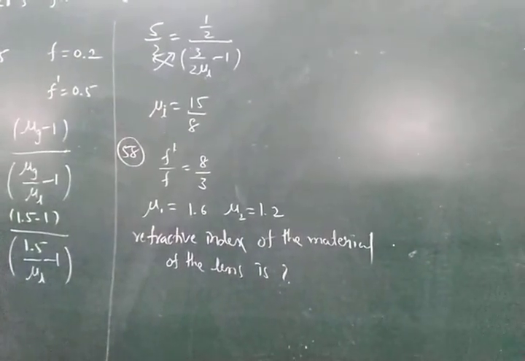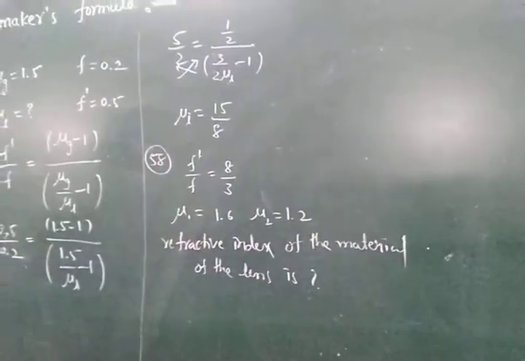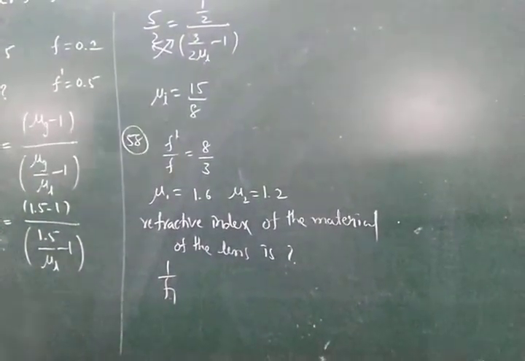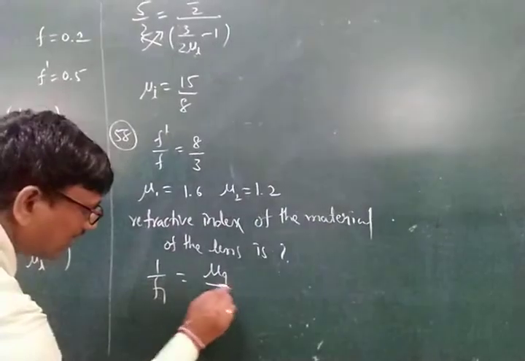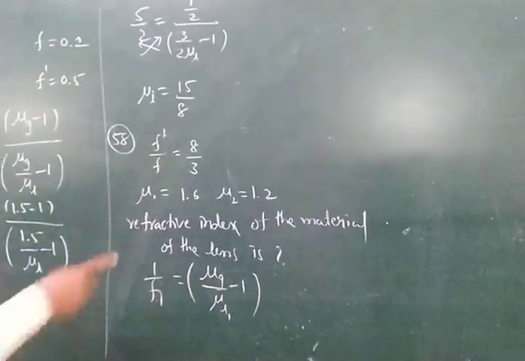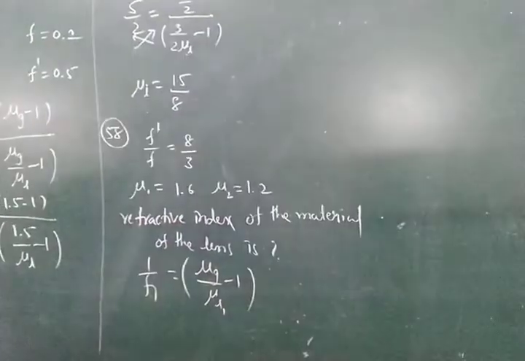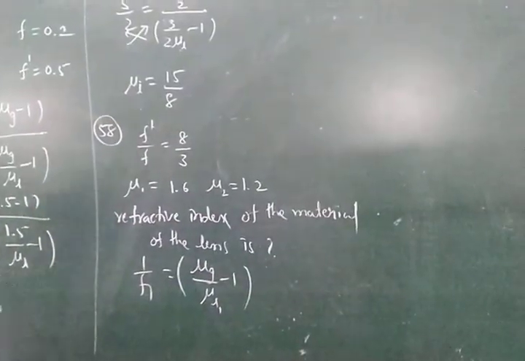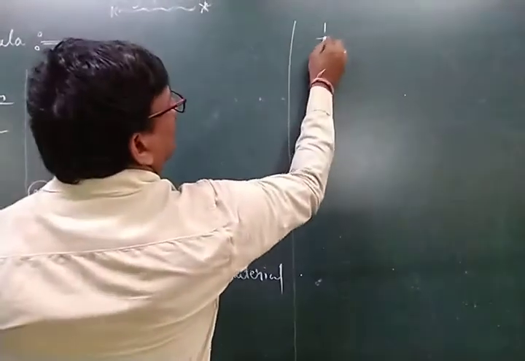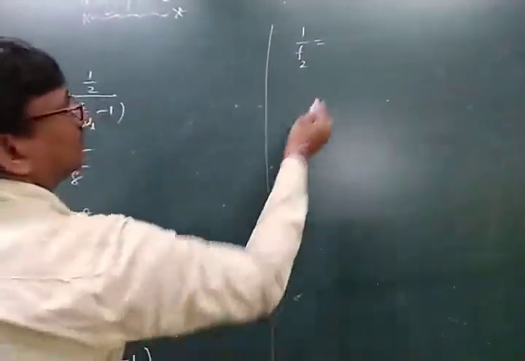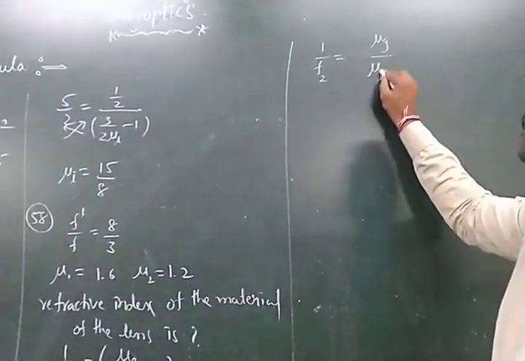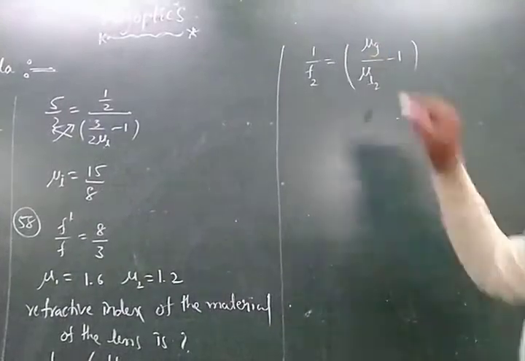Then we can find the value: 1 by f1 is equal to nu g by nu L1 minus 1, where nu L1 is the refractive index of liquid 1. And another formula, 1 by f2, that is the focal length f2, is equal to again the same formula, nu g by nu L2 minus 1.